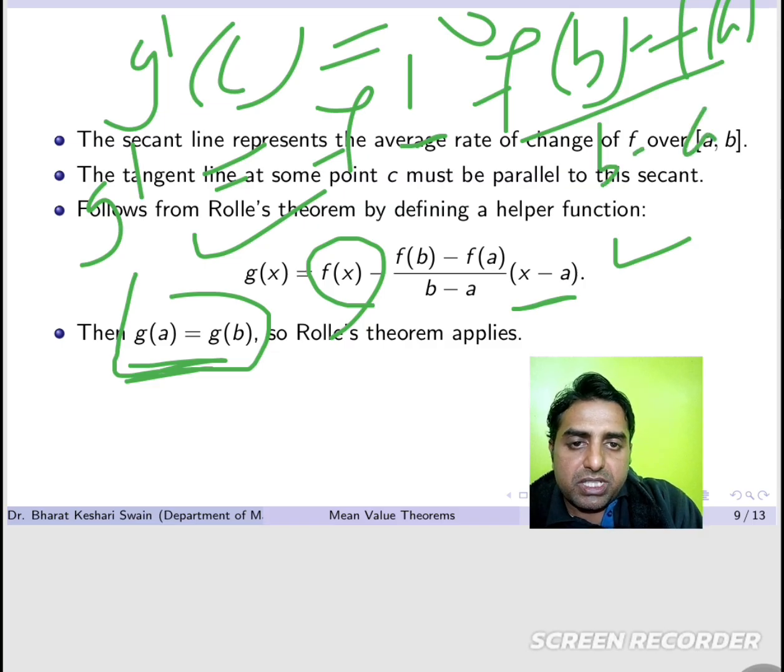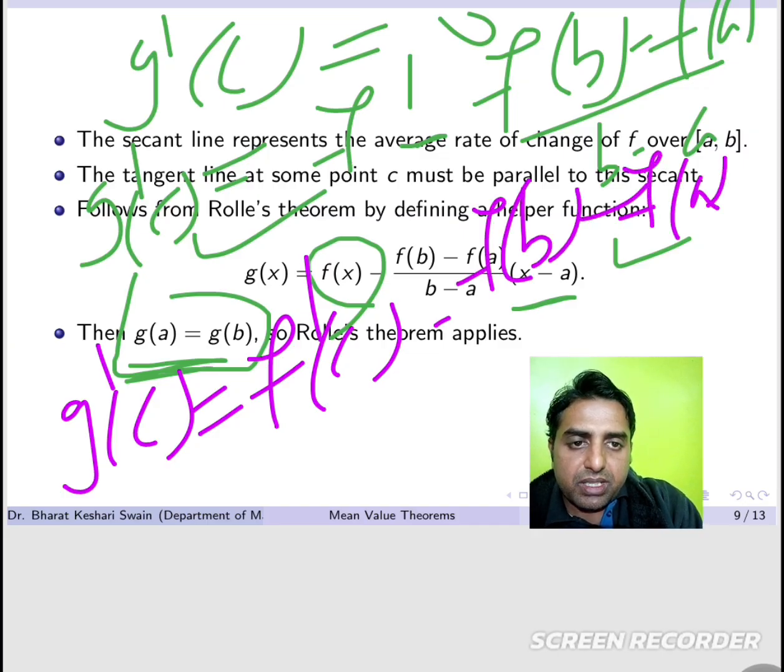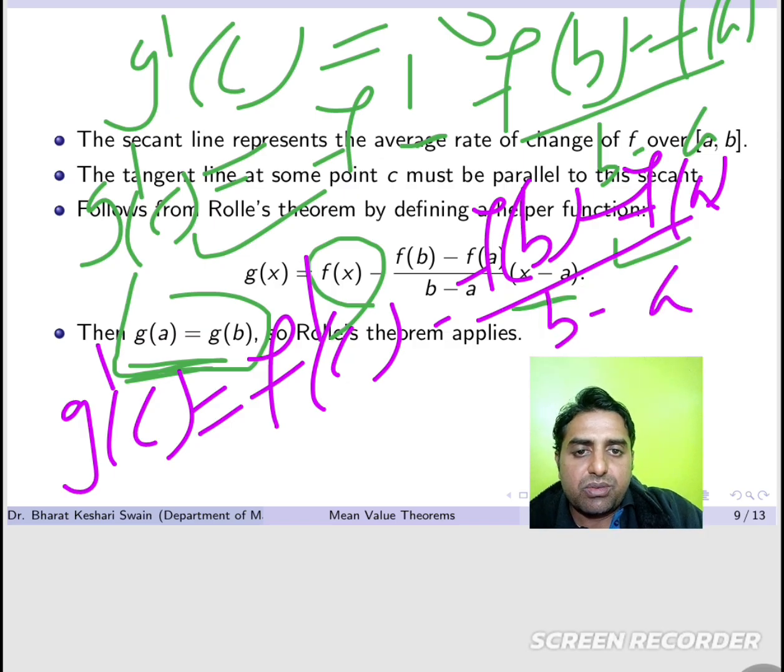And what will be g dash c? Just put c in place of x, so g dash c will be f dash c minus f of b minus f of a divided by b minus a. Now g dash c equals 0, that's why this term will be equal to 0.